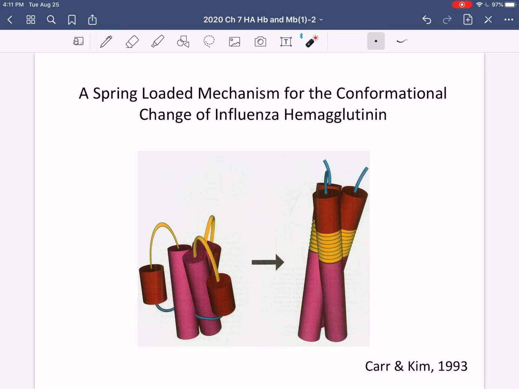The conformational change is 100 angstroms from here to here, and it was the largest conformational change known for a protein at that time.